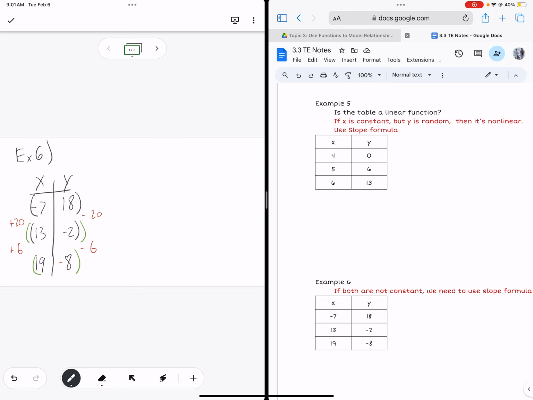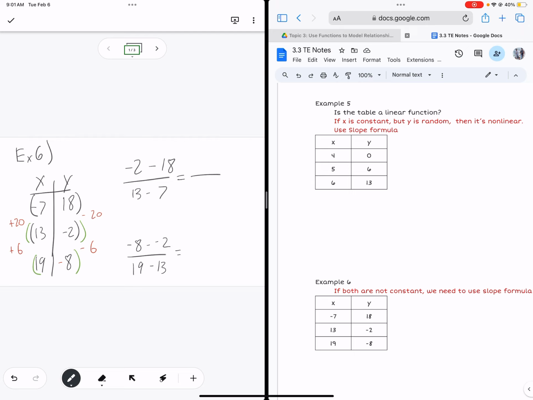So it's going to be -2 minus 18 over 13 minus 7, and then -8 minus -2 over 19 minus 13. You have to use the slope formula twice with 2 different points. Doesn't matter which 2 points, but it has to be 2 different points.